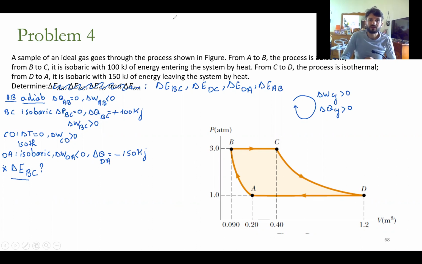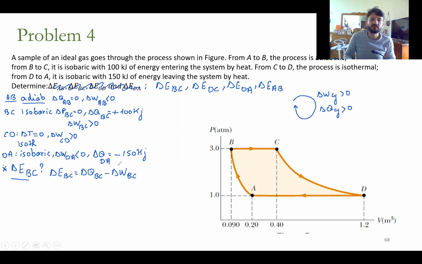To write BC, we have delta E BC equals delta Q BC minus delta W BC. For BC, we have P constant, and I have the value of dQ.